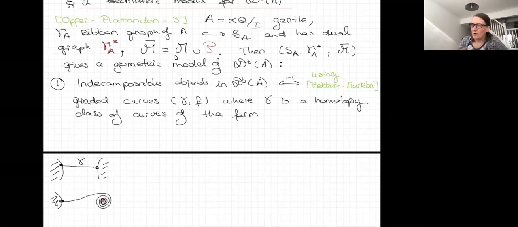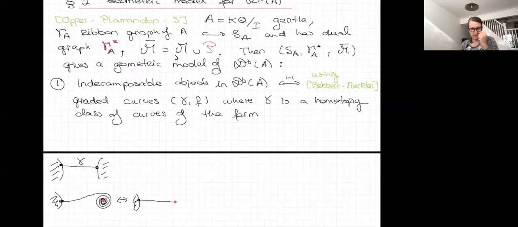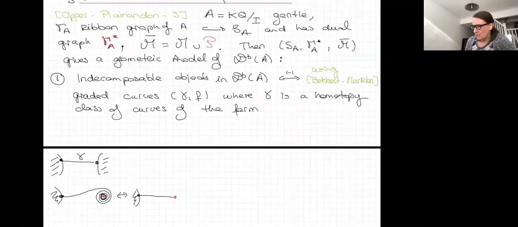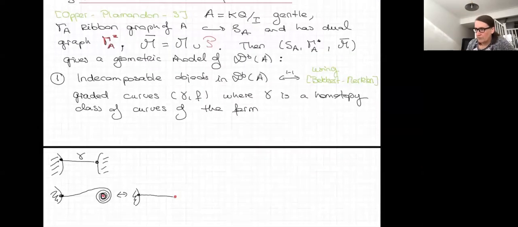Because it's always in the clockwise direction, we can write it, by abuse of notation, in this way here. Of course, we don't really view the red point as a puncture, but maybe as an endpoint compactification of a puncture, so that we can asymptotically approach it.